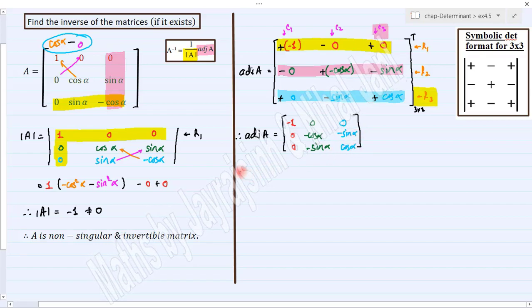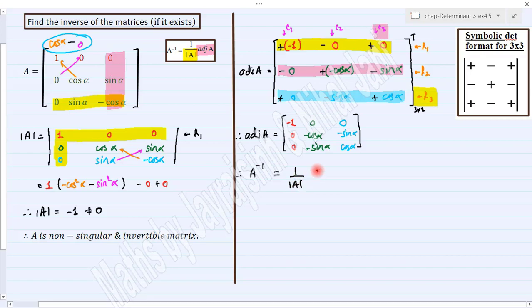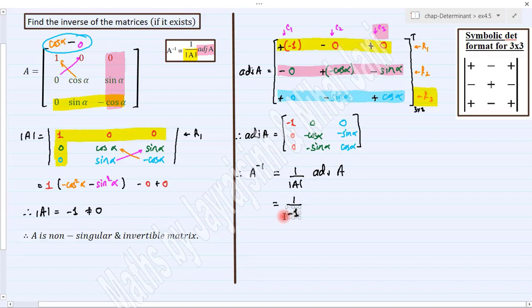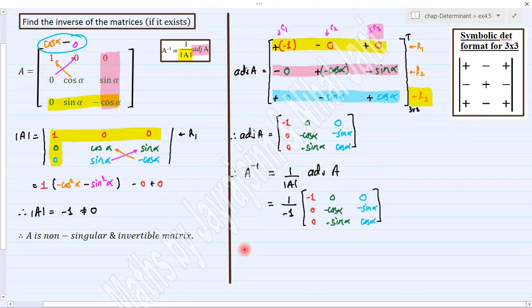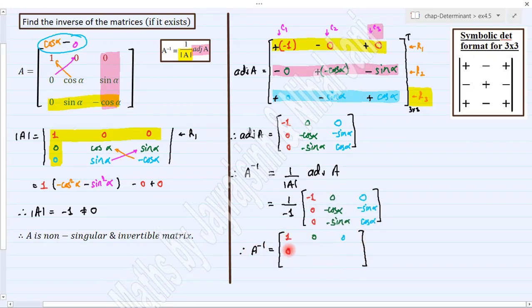So we get adjoint of A, and we are ready to find out inverse of matrix, which is nothing but 1 upon determinant of A into adjoint of A. So let's get 1 upon determinant of A into adjoint of A. In further simplification, we have to multiply minus 1 within the matrix.